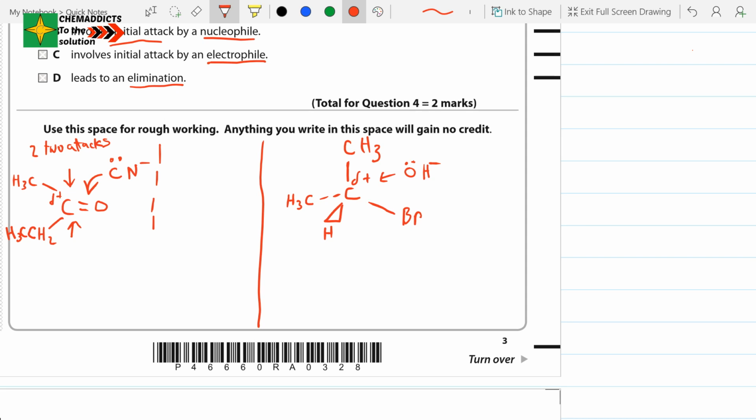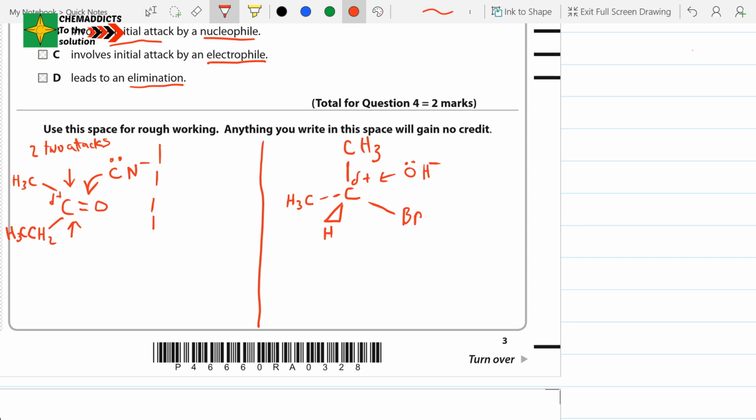So this CO group has a trigonal planar shape. Therefore this nucleophile can attack this molecule from either of the two sides with equal probability. It may attack over here or it may attack from here. So the probability is the same on both sides.